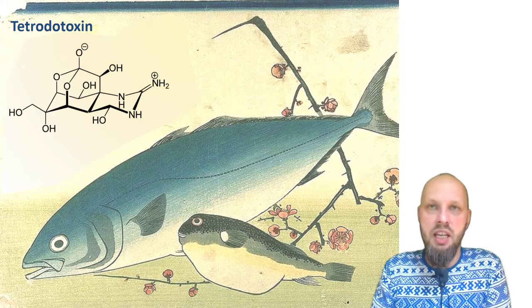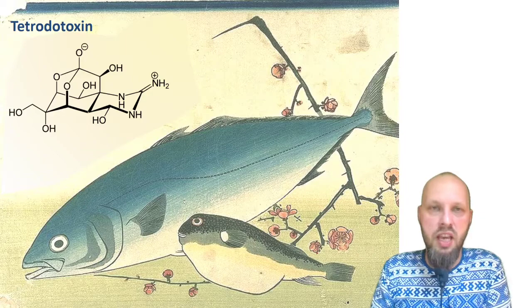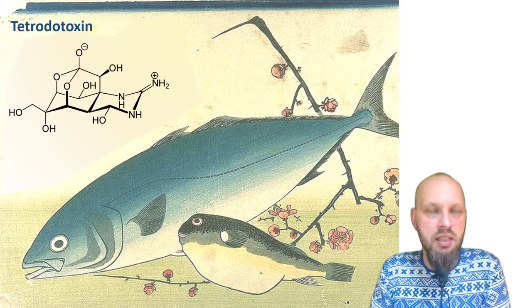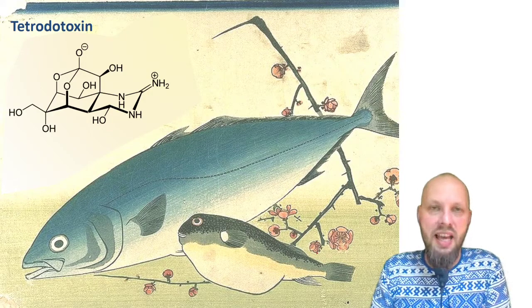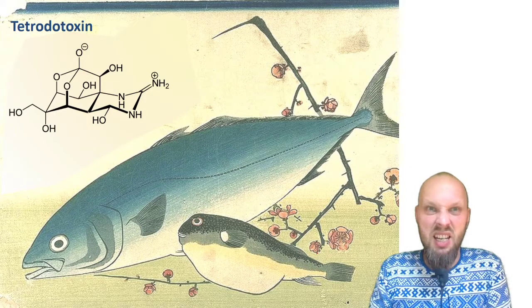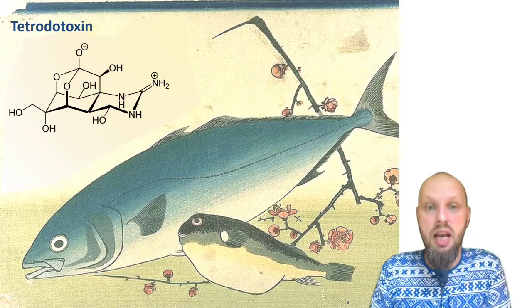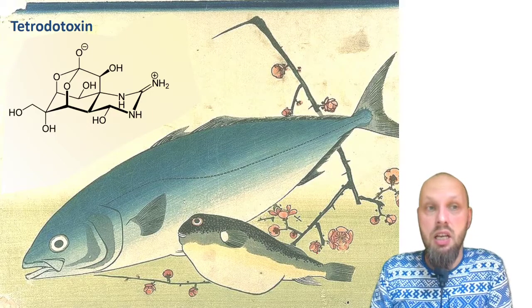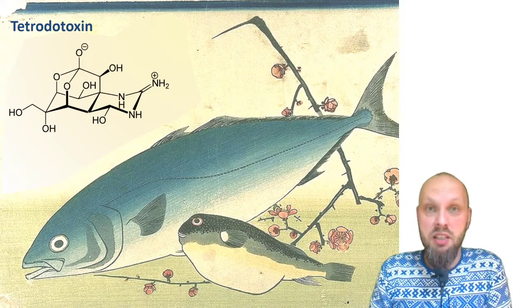But almost every year, somebody dies because there are people who pretend to be cooks and have fake certificates on some islands and somewhere, bootleg chefs, and people try to save money and die because of the toxin that this fish has, called tetrodotoxin, which is pretty famous among scientists.